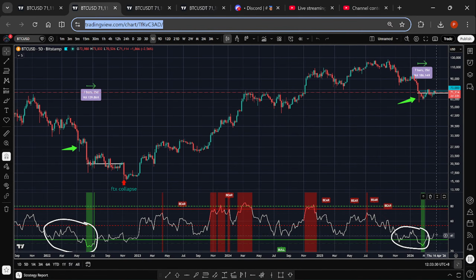We have this coming out similar to here, or looking similar to this. And we have this divergence form on the chart. And another low here around that region.